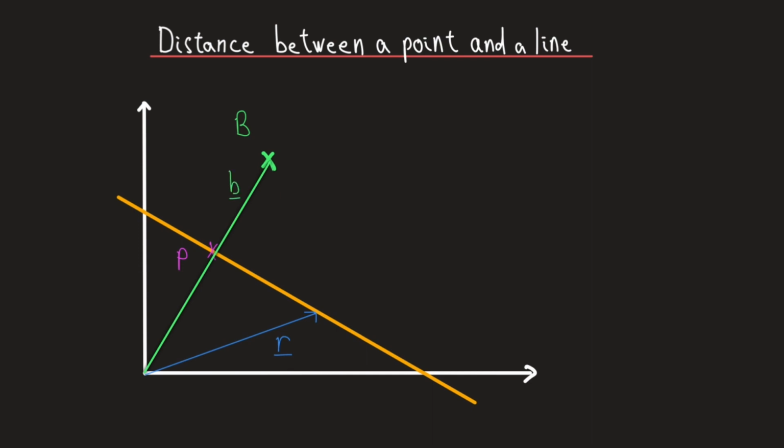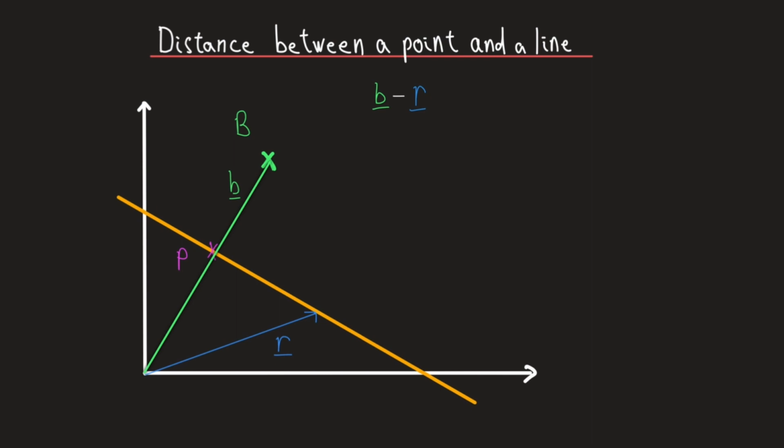Now, it's important to note that whenever we're considering distances, we need to think about doing a difference between 2 objects. So in this case, we need to consider the difference between our position vector R and our vector B. Even though this difference does not give us the shortest distance between a point and a line, it's important to really think about differences whenever we're talking about distances.